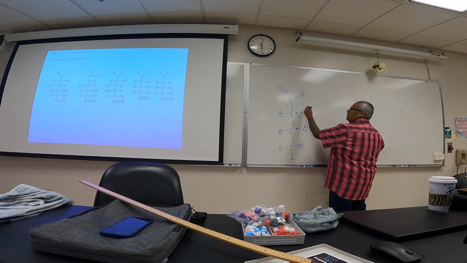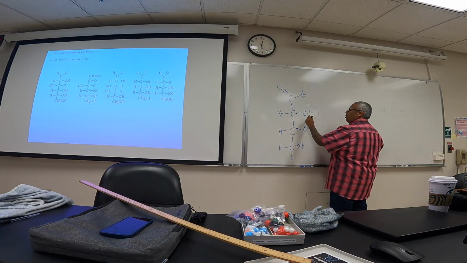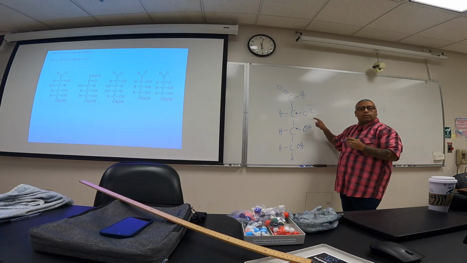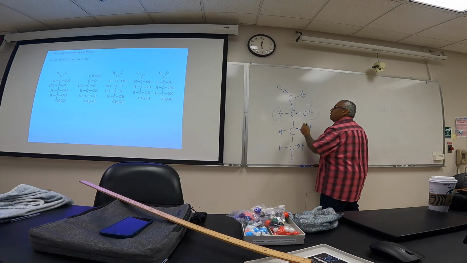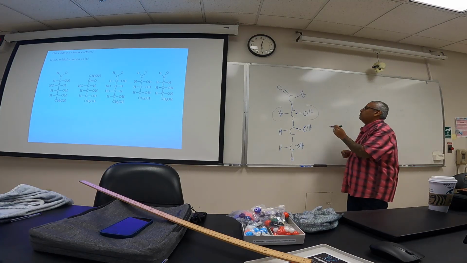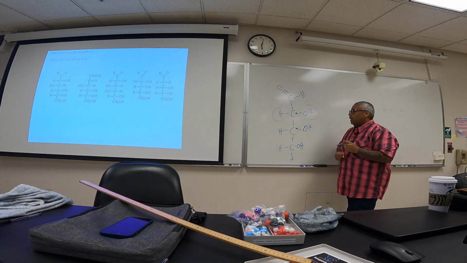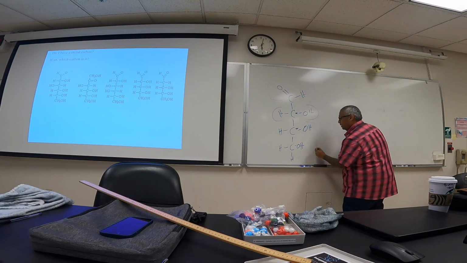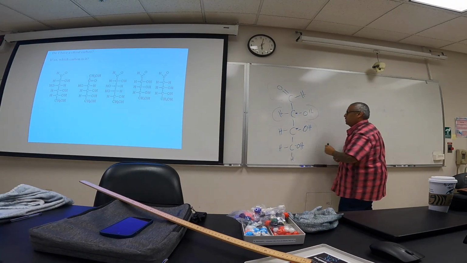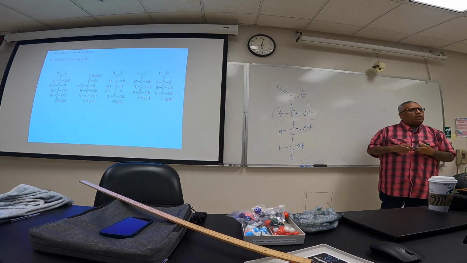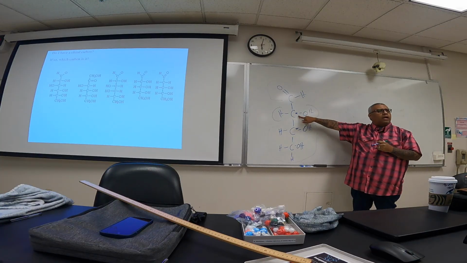When I'm looking at this, here is one thing that I'm looking at. Here's the next thing that I'm looking at. Here is this thing that I'm looking at. And here is this thing that I'm looking at. Is this carbon chiral?